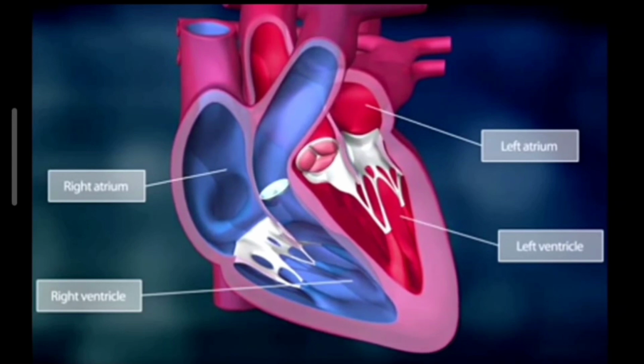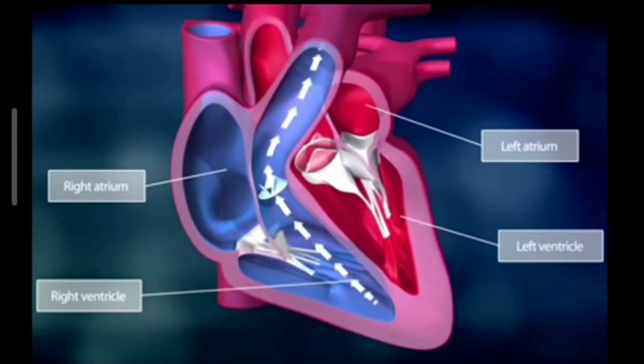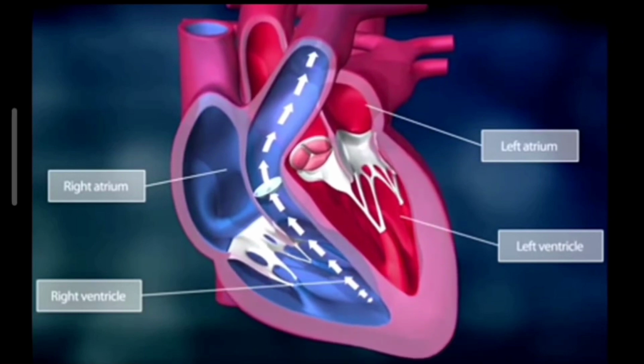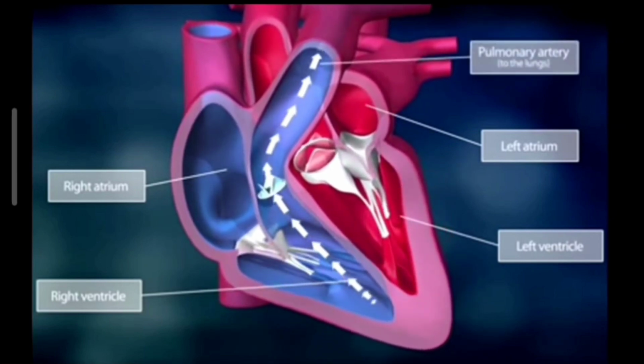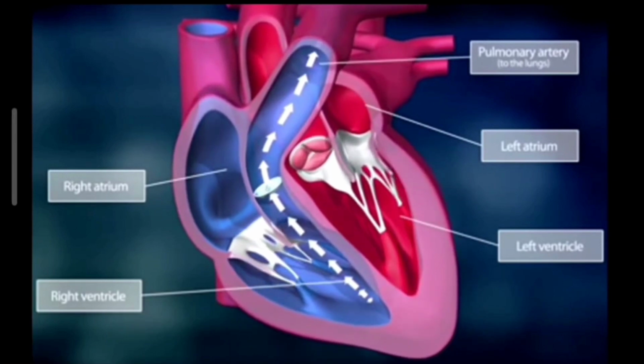Okay, so here is the valves' function. The valves open and close, allowing the blood to move upward. When it is open, the blood moves down to the ventricles.